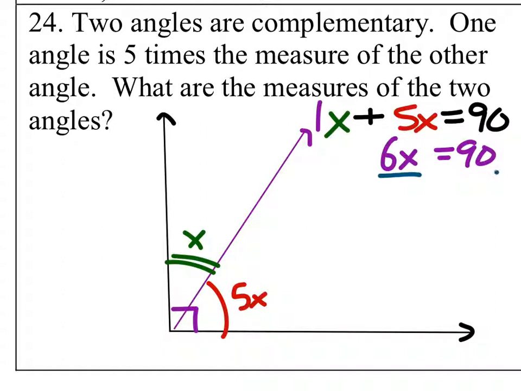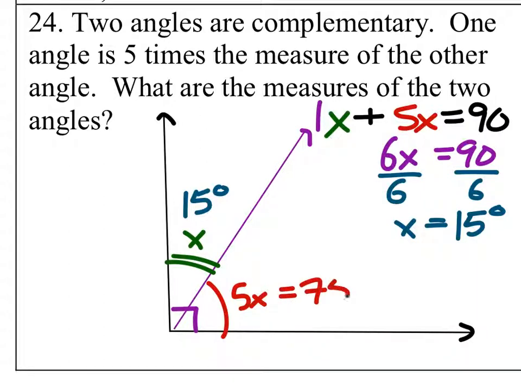Dividing both sides by 6 tells us that x is 15 degrees. So one angle is 15 degrees. The other one is 5 times that, or you could subtract it from 90, and you would get the 5x, which would be 75 degrees. Bam. There we go.